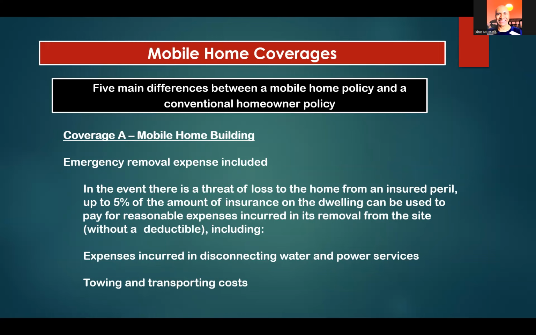Expenses incurred in disconnecting water and power services, because once you park it there, you skirt it and tie it down with the tie-in equipment. Then you have to connect to the utility services, water, and power. So to disconnect all of them in a rush, like an emergency removal expense, could cost money, right? So towing and transporting cost, because you're trying to escape the wrath of the forest fire, or maybe a windstorm or a hurricane.